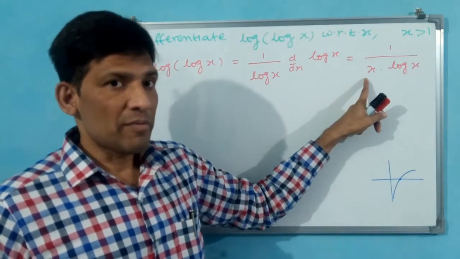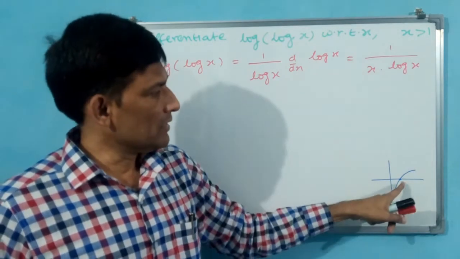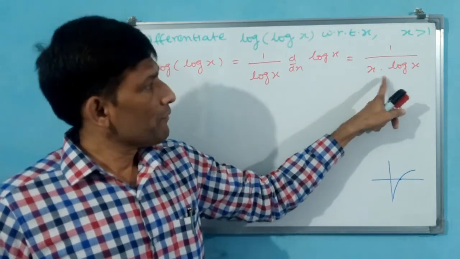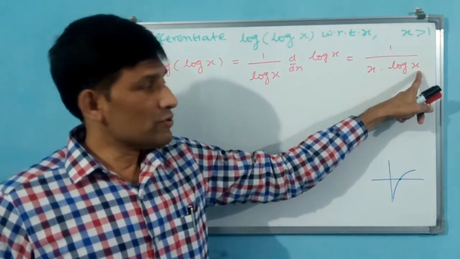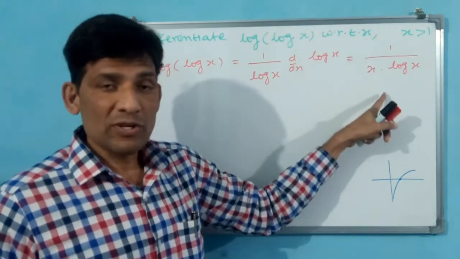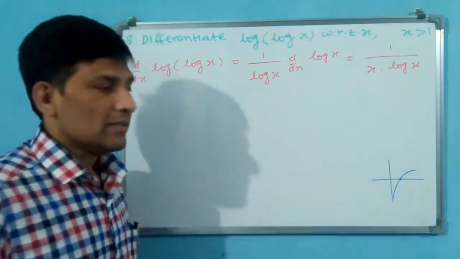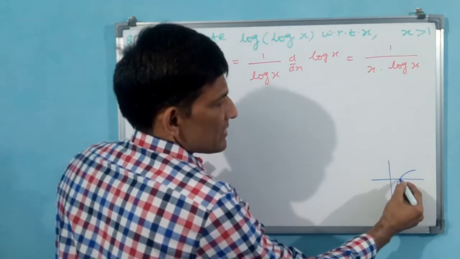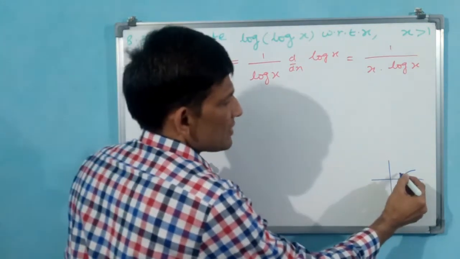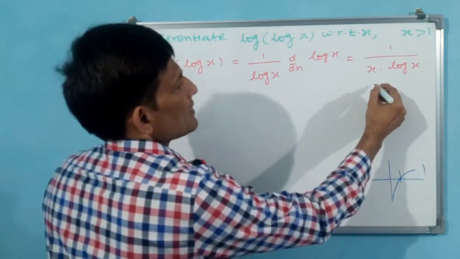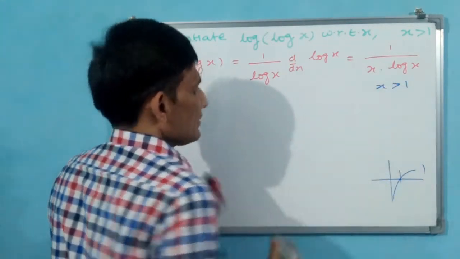Here it is 1 only, because you are giving x as 1, greater than 0. Log 1 is going to become 0, 0 into 1 is 0, and 1 by 0 is undefined. That is why x is greater than 1 he has given. You understand now? If x is greater than 1, it is never going to become 0, and always this function is going to come. That is why again you write x is greater than 1.